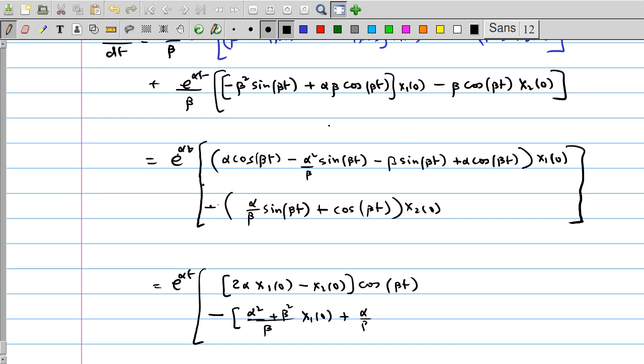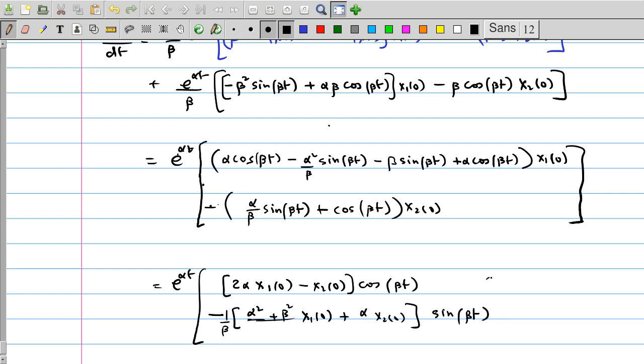Alpha over beta x2. I was just putting it under the common denominator. So we can put the common denominator out here, or even over here. Is that correct now? Yes, that's times sine beta t.